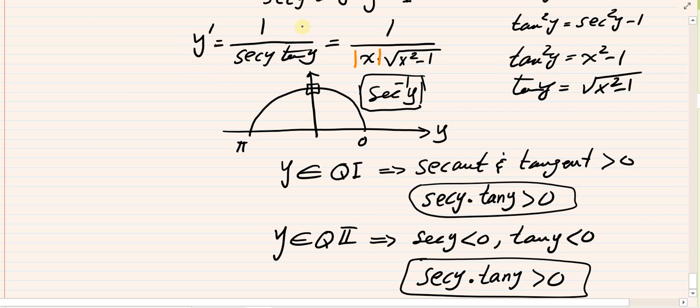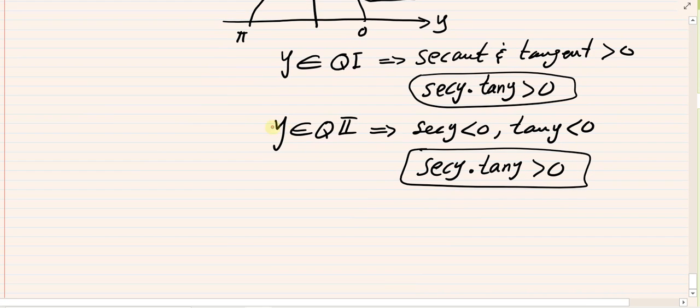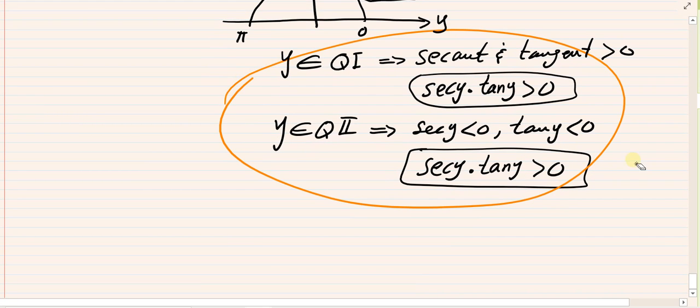So in order to make sure that the product of secant y tan y is positive, the principal root of x squared minus 1, that's positive, we know that. So we make the adjustment by making x positive by forcing absolute value on it, so that we conform with this requirement.